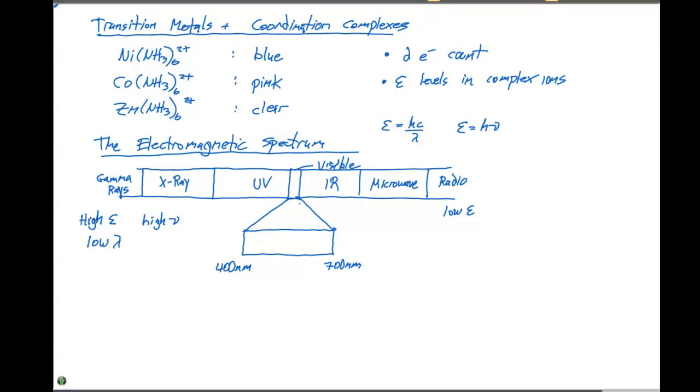I expect you to know those numbers off the top of your head. And I also expect you to put all these radiation in order of increasing or decreasing energy. This would include the colors that are in that spectrum. Okay? We have the Roy G. Biv acronym that we use, right?